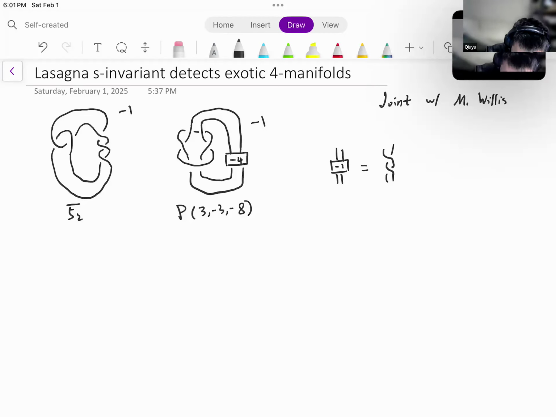For the first diagram, this is the so-called -1 trace on the 5-2 mirror knot.